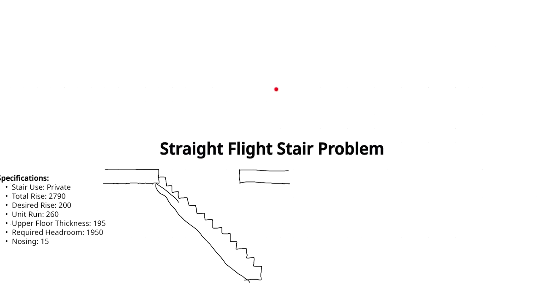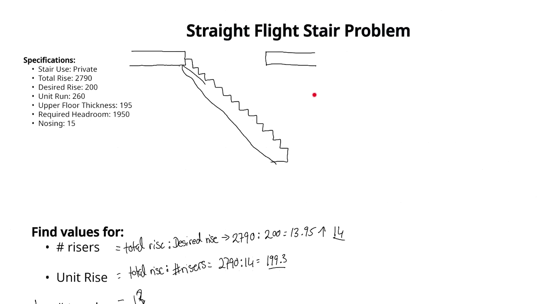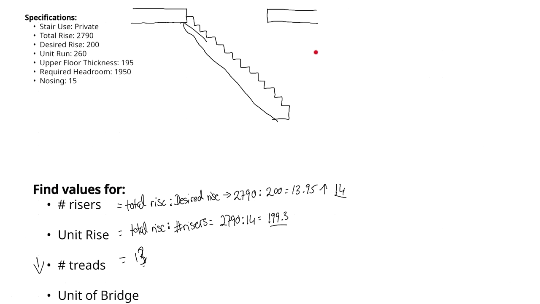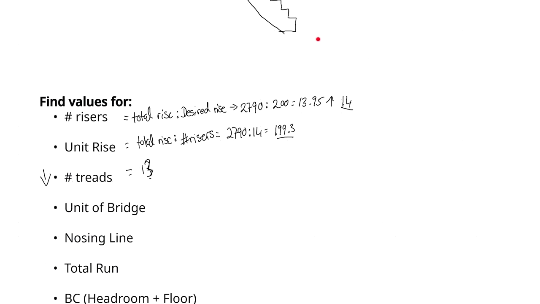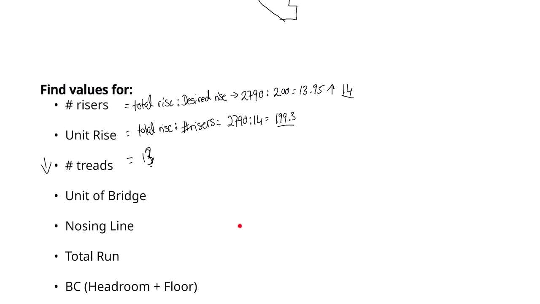Let's go back to our problem and the super nice drawing of the stairs. So unit of bridge, we take our unit run and our unit rise to calculate. And Pythagorean, so it's unit rise squared plus unit run squared. So if we pop in those numbers, unit rise, we had to figure that out.